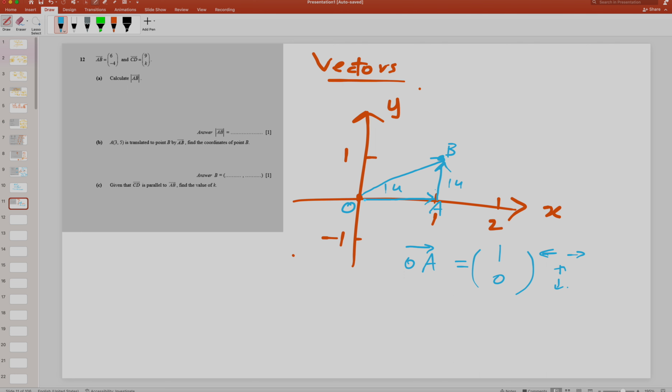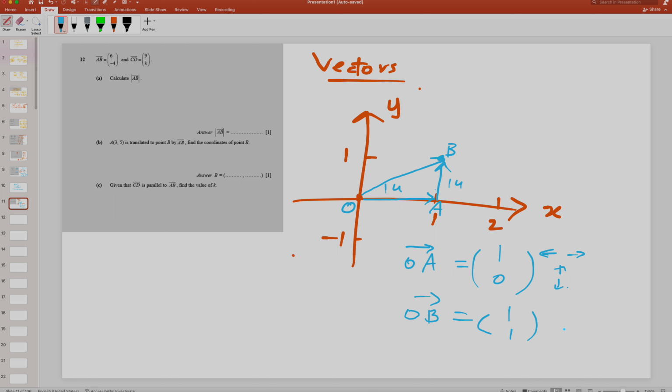Your OB is, okay, in this case, is it 1 1? Let me see. Actually, in this case, the OB is 1 and 1, because you go to the right 1 unit, go up by 1 unit.